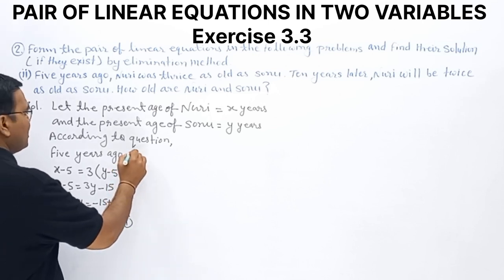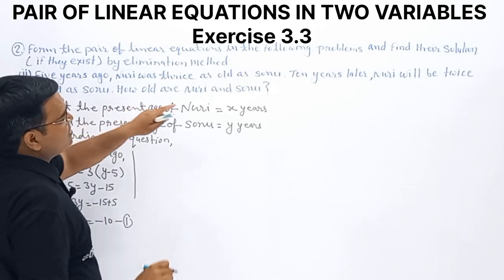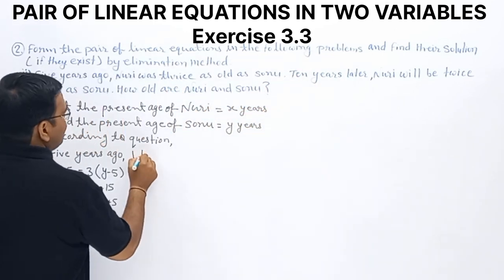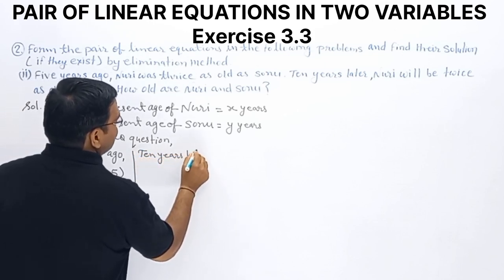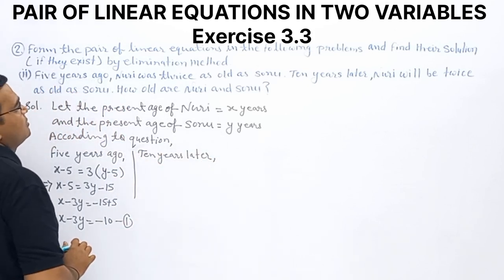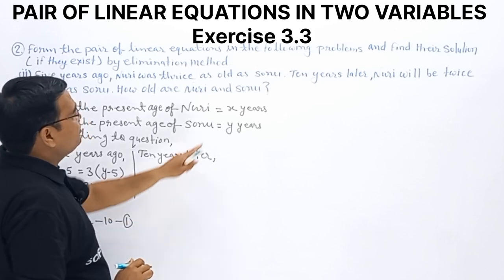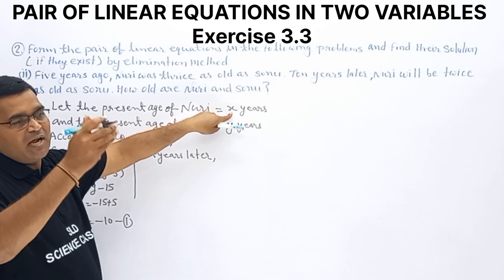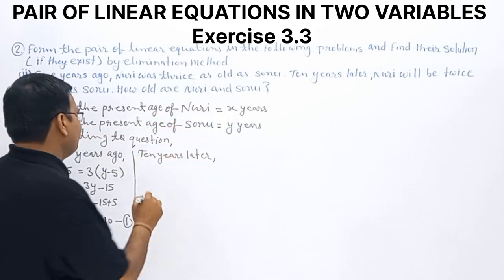Now what about another equation? This was 5 years ago. The next condition we have is 10 years later. Present age of Nuri is x years. 10 years later, it means x plus 10.